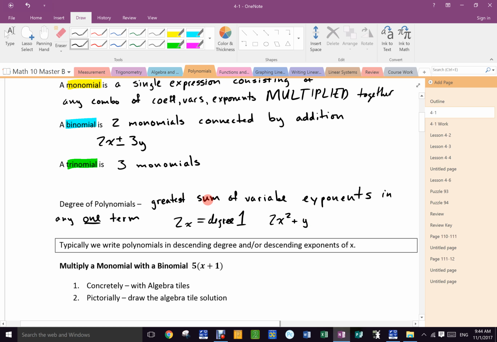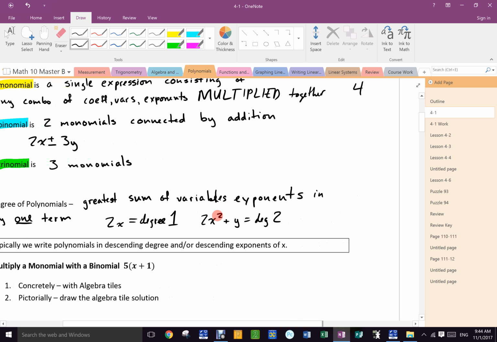The degree is the greatest sum of variable exponents in any one term. That's the biggest, right? So what degree is this guy? This guy is degree 2, because we only care about the variables. Everybody good? You don't add the variables together, like if it's x. Well, no, because it's only in one term.